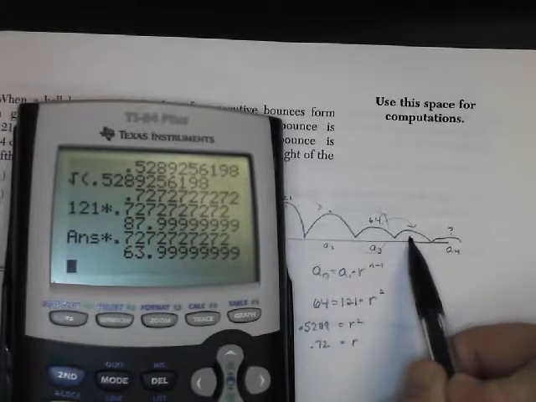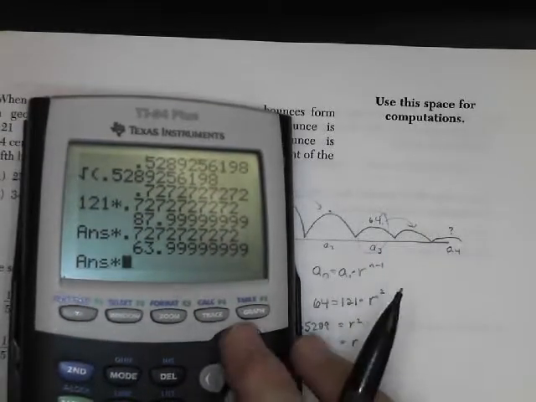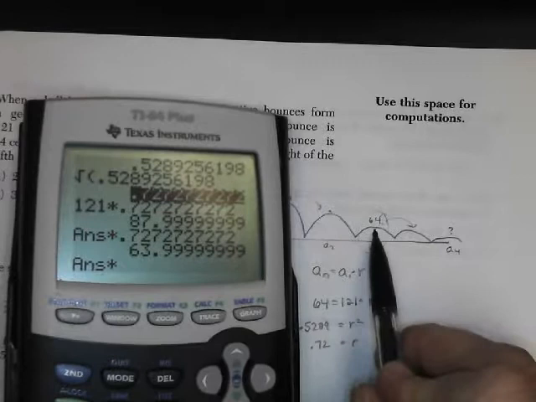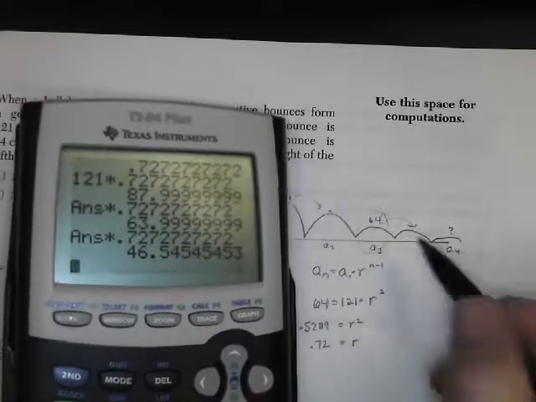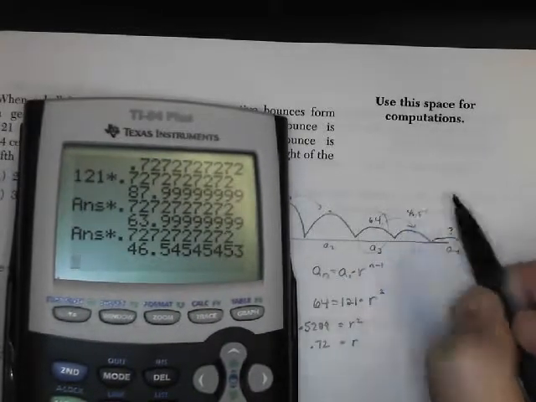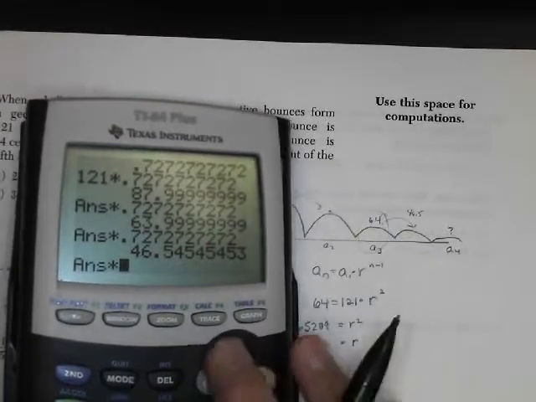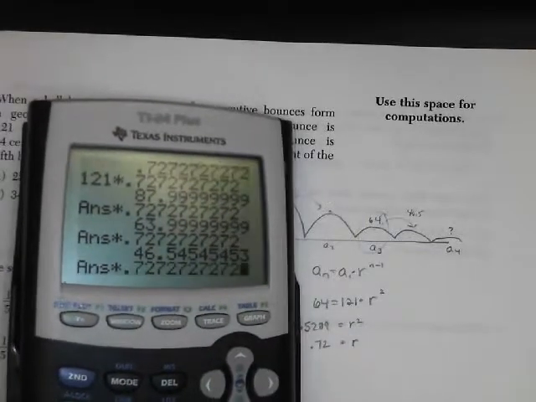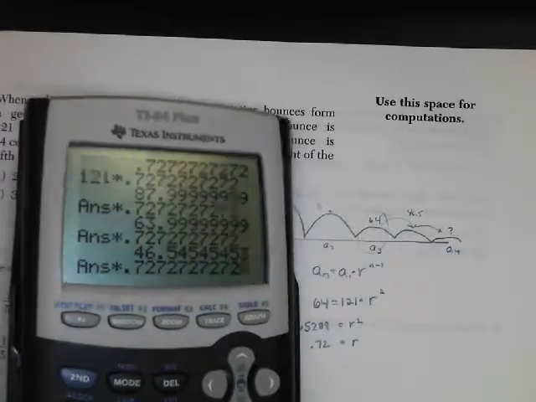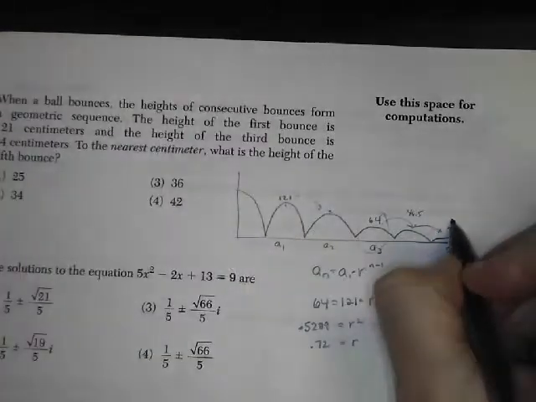Times that r value again would give us the fourth term, 46.5, and take that number and multiply it by your r value to get our fifth bounce, which is 33.85.